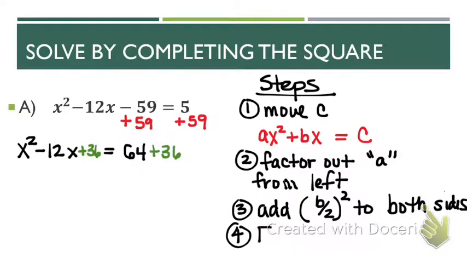Step 4, factor the left. When you factor this down, that should factor down to a perfect square. So what are my two numbers that multiply to 36 but add to negative 12? It's always going to be the same number.